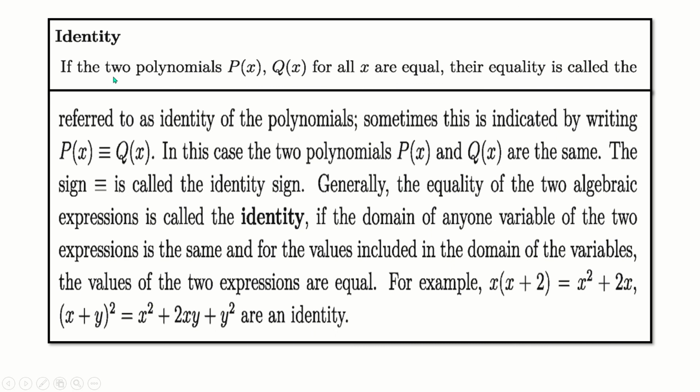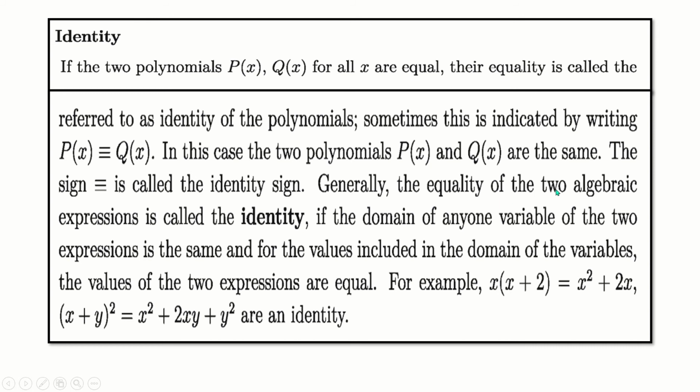Now identity. If two polynomials p of x and q of x are equal for all x, their equality is referred to as the identity of the polynomials. Sometimes this is indicated by writing p of x identity q of x. In this case, the two polynomials p of x and q of x are the same. This sign is called the identity sign.